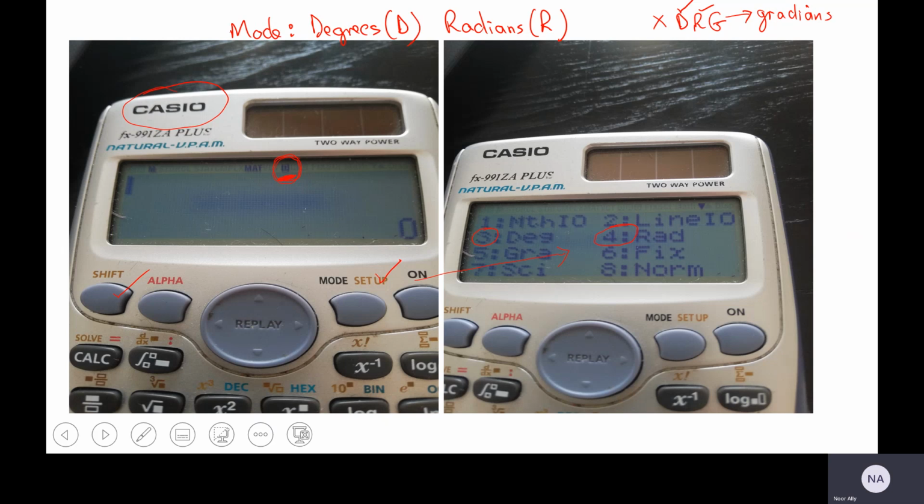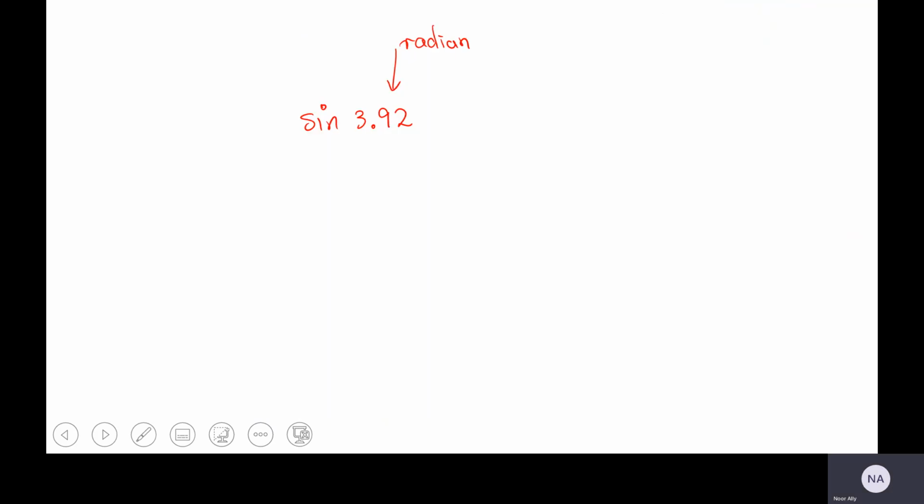So let's go back. Now, I have sine 3.92. Is your calculator in radian mode? Okay. Work it out, sine of 3.92. I got an answer incorrectly because I did not change. I need my radian measure, so sine 3.92 gives me an answer of negative 0.702. Did you get that?